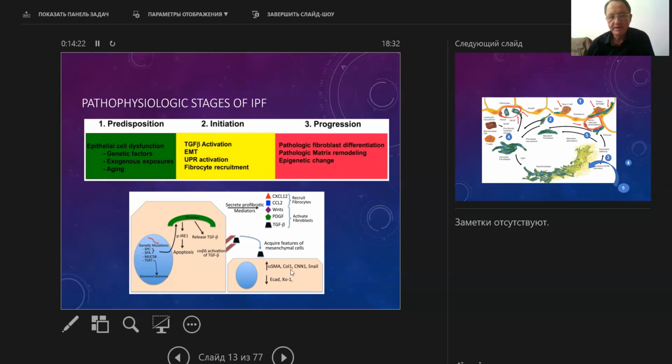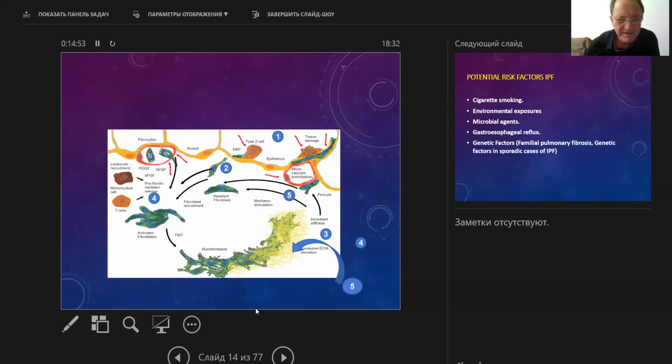For example, these cells produce very important factors like transforming growth factor beta, like cytokines, which lead to recruitment, first of all, of fibroblasts, and change the quality of the loose connective tissue that surrounds the alveoli.